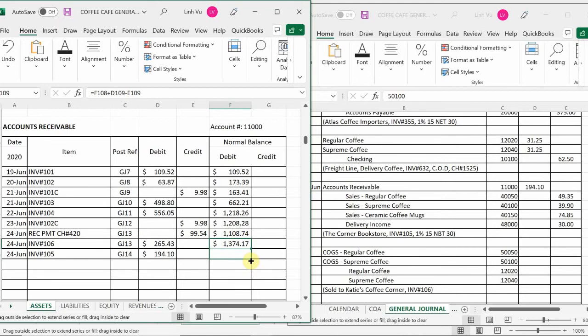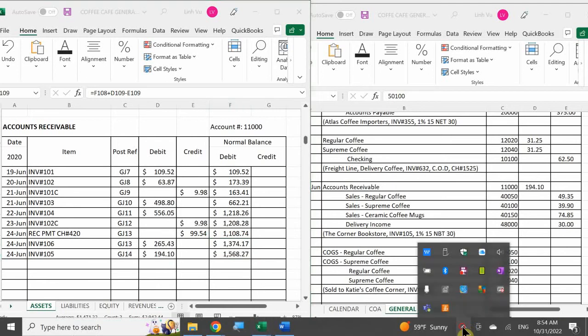So what's your grand total of accounts receivable? 1568.27. Good. 1568.27.